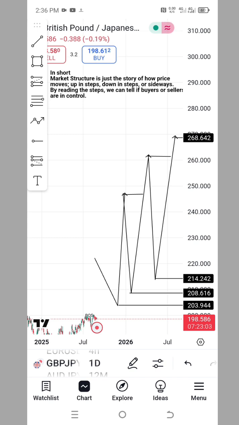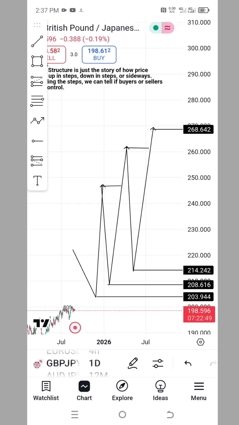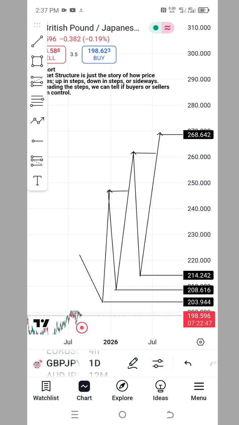It is market structure that will tell you the steps, and it's these steps that will tell you who is in control. Is it the buyers or the sellers? I really hope with this you understand market structure. So you understand why some traders know the next move of the market: it is because of market structure.